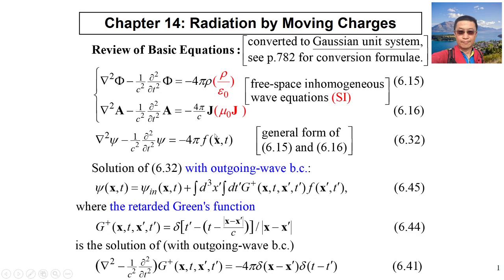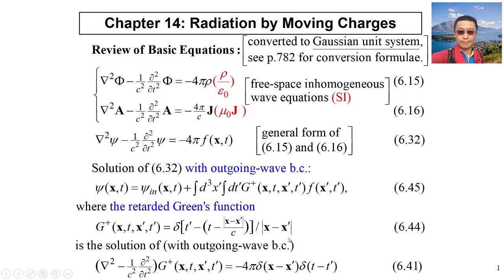as inhomogeneous wave equations. From this inhomogeneous wave equation, we find the retarded Green's functions. The Green's function looks like this. In fact, we talked about this retarded Green's function in chapter 8.